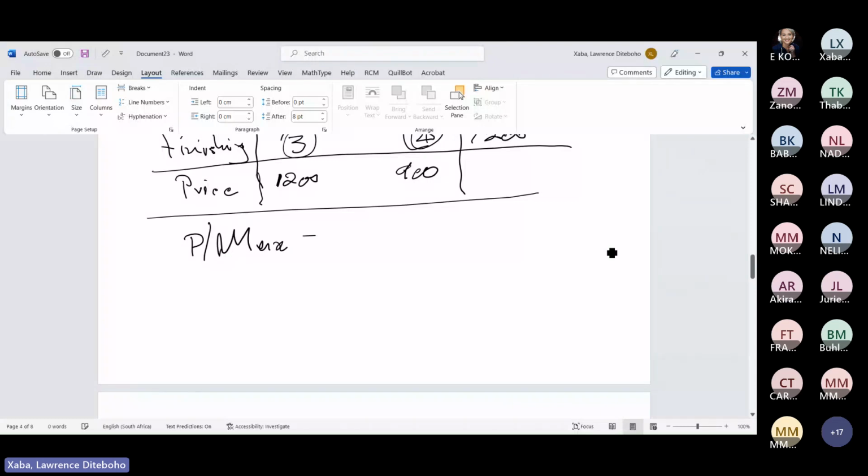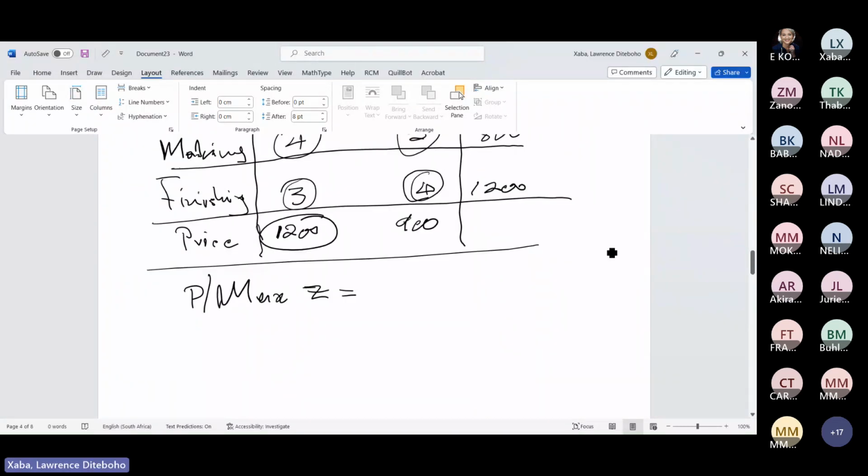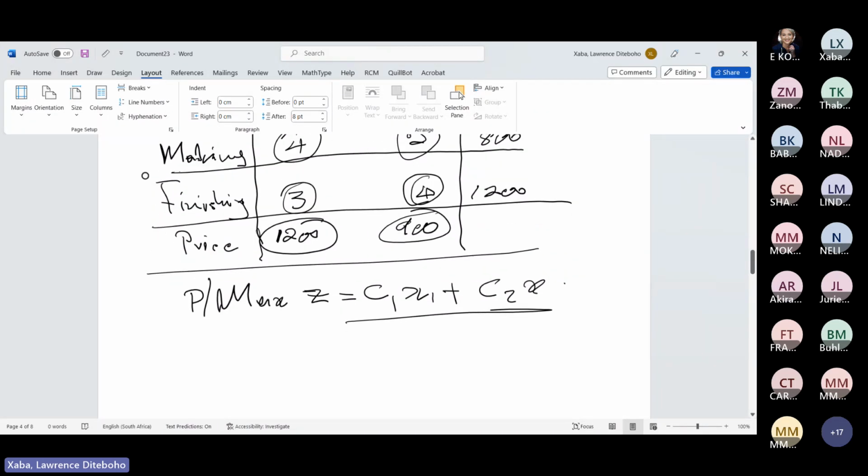So we are saying max Z equals to, remember I said this is our selling price per item. And I said selling price per item, they form our objective function, where objective function, I said it's C1 x1 plus C2 x2.